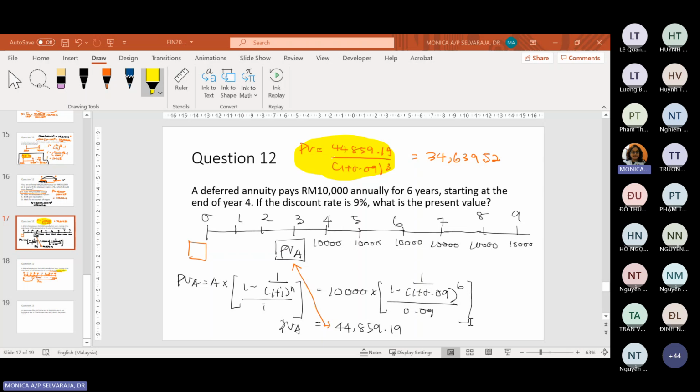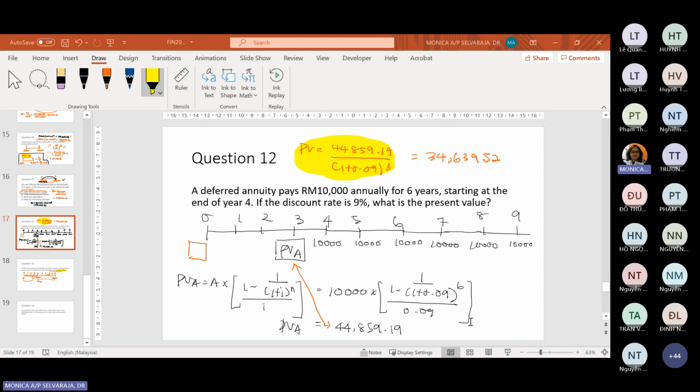Future value divide 1 plus I power of n. What is the FV formula? FV is equals to PV multiply 1 plus I power of n.